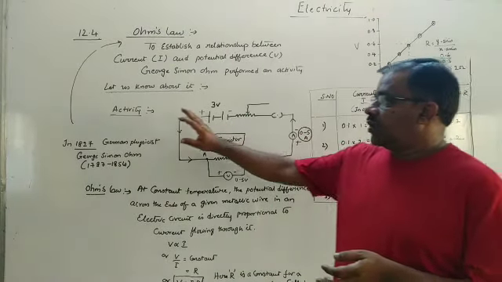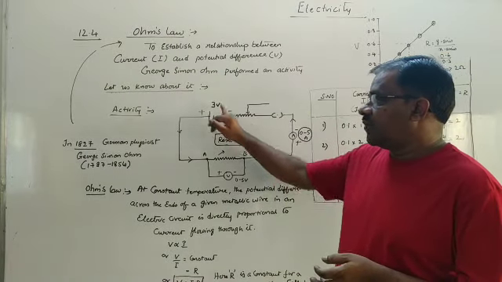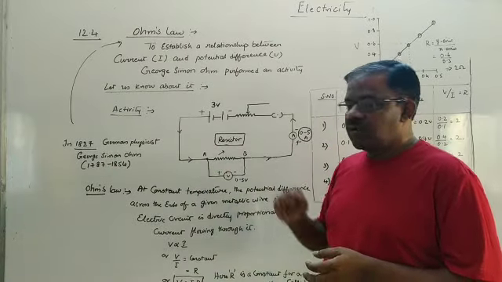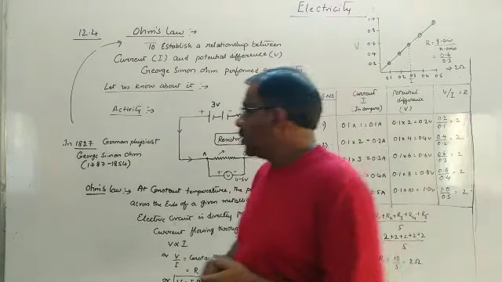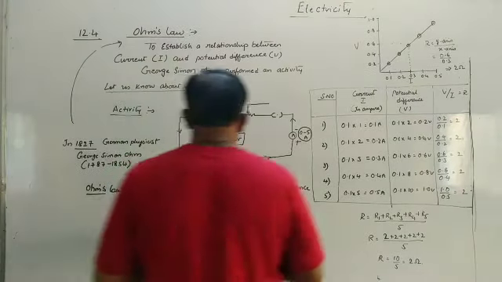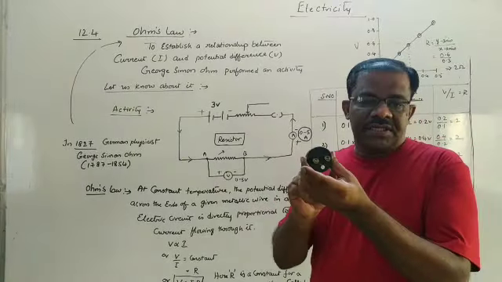Now in the activity, what he actually did is, he took a battery of 3 volts and connected it to an unknown resistor. As we know, a resistor is any device whose resistance is not known to us. Suppose he took a resistor like this, we don't know what its resistance is.